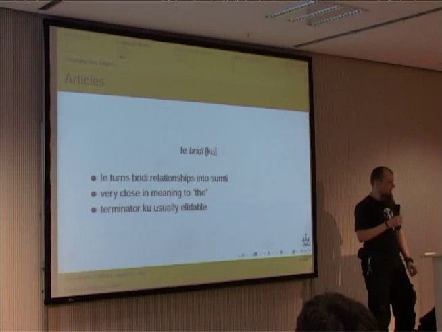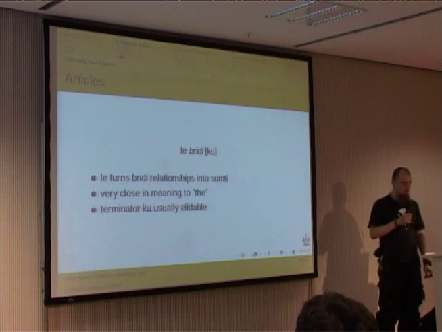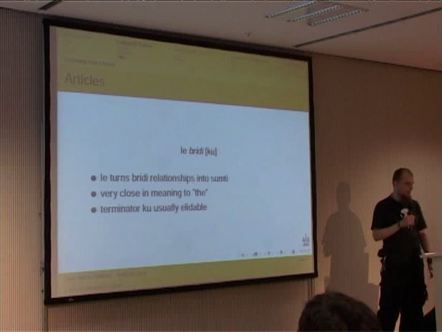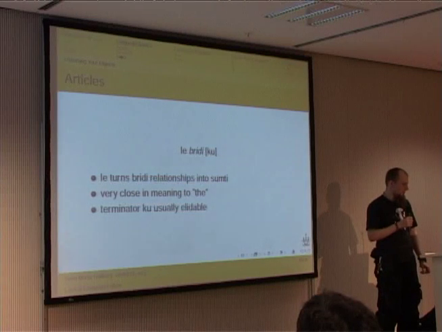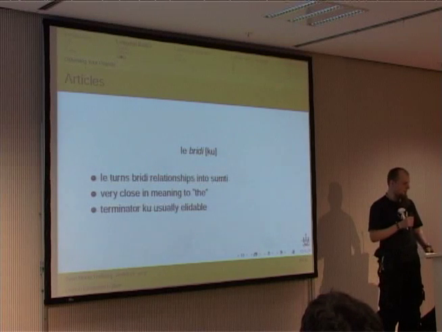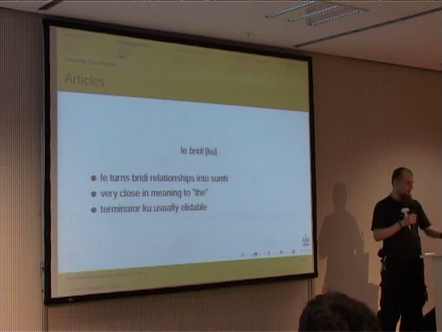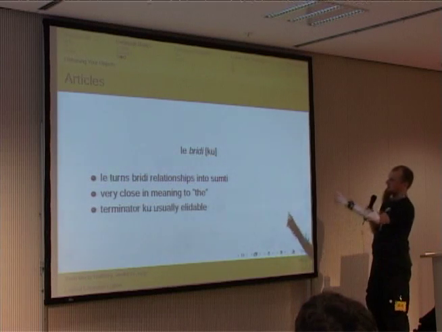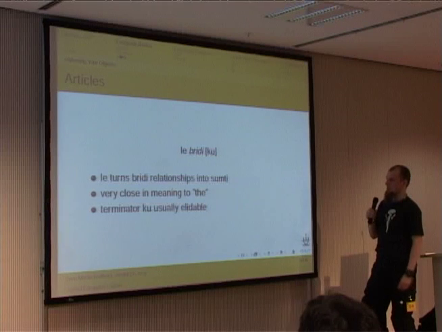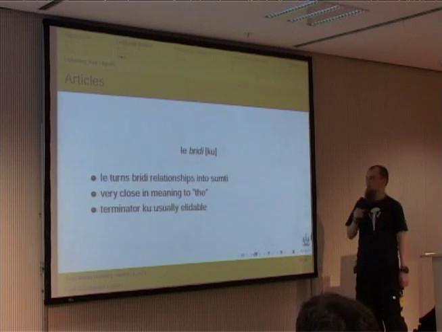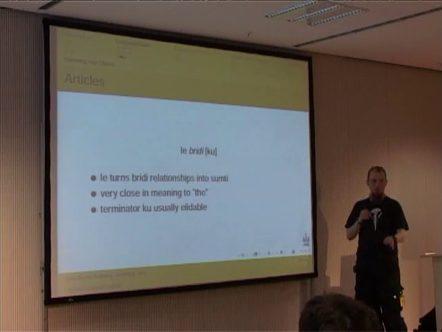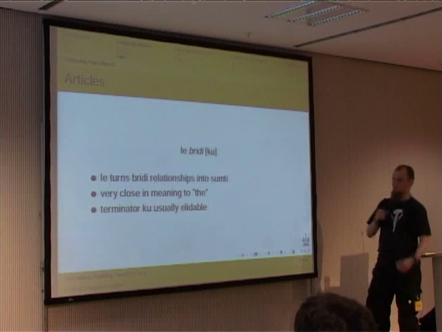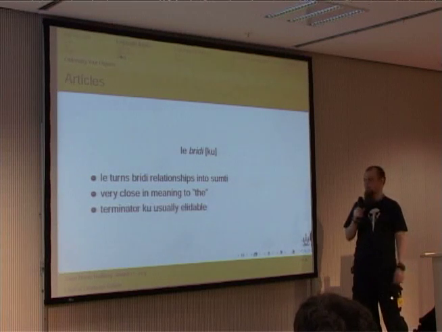Another way of getting your objects are articles. There are different words like this. You see le in this example, which is close in meaning to the English the. There are some others that have like an indefinite article or something like this.